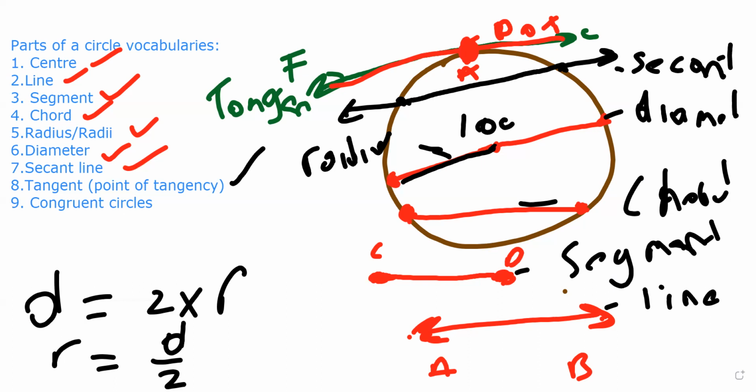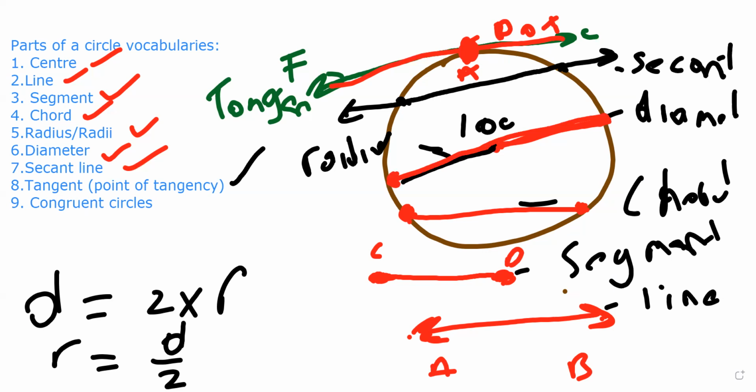The 2 ends are lying on the circle. The radius goes from the center to one end on the circle right there. We say radii is the plural form for it. The diameter is the line that passes through the center. Starting from one end on the circle, it goes straight through the center and stops right there.